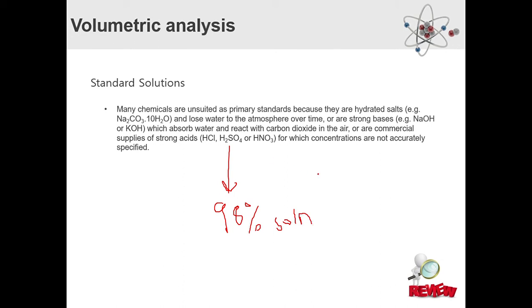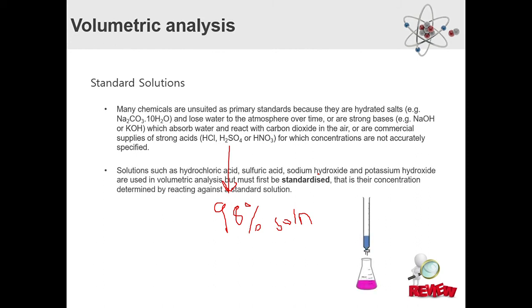Now, does that tell you what the concentration is? No. Can you literally Google it? Yeah. Even if you didn't know how to do the maths to work out what a 98% solution of sulfuric acid comes out to be, you can Google it. It's fine. What an awful slide. Okay.